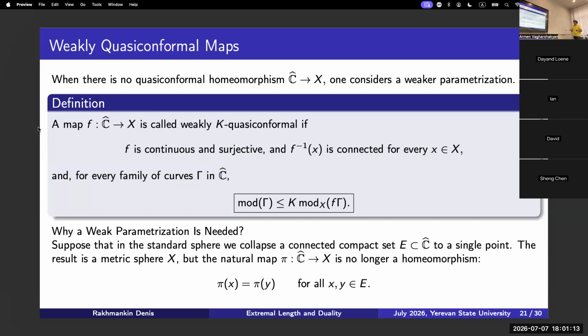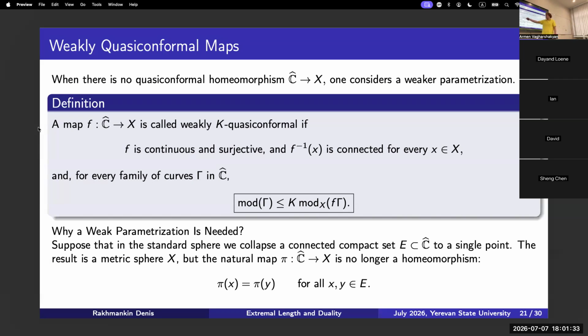Let me define a weak parameterization. A weak parameterization is a map that is continuous and surjective, we don't ask for f to be injective, and the preimage of every point must be connected.